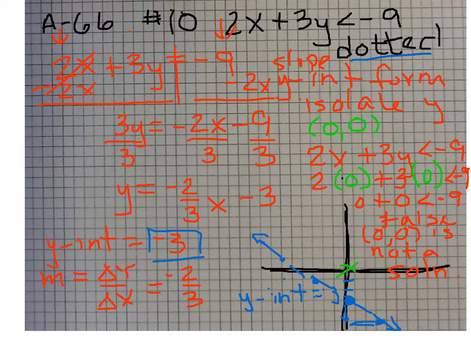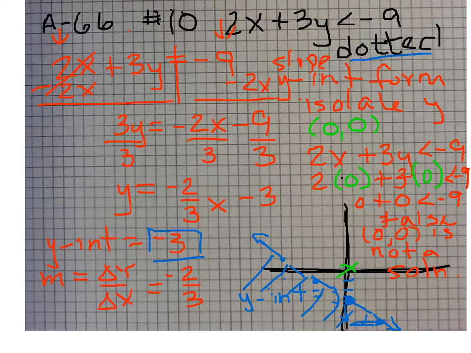So when it comes time to shade, I shade so that I don't include this point because it is not a solution, in which case I'm going to shade the other side here. And that's what my solution would look like. So it's any point that lies within that shaded region.